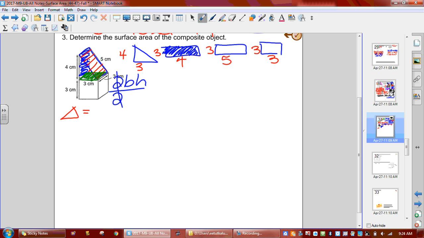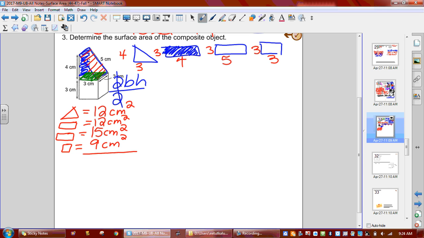Rectangle 1, we're going to have 3 times 4, which is another 12 centimeters squared. Rectangle 2, 3 times 5, 15 centimeters squared. And then the square. 3 times 3 is 9 centimeters squared. And then we add them all up. So that is our triangular prism, and that's going to give us a total of 48 centimeters squared.